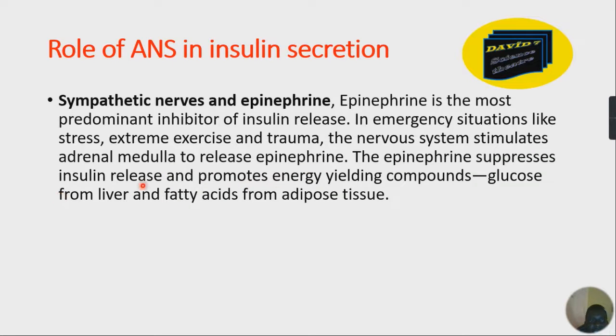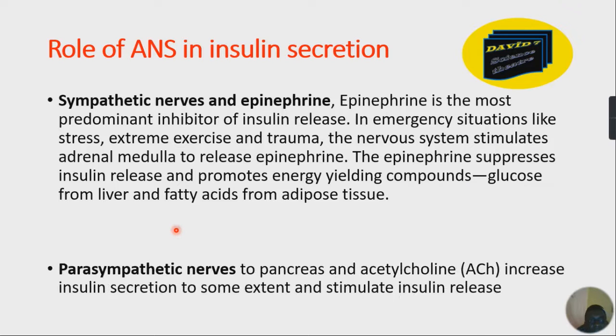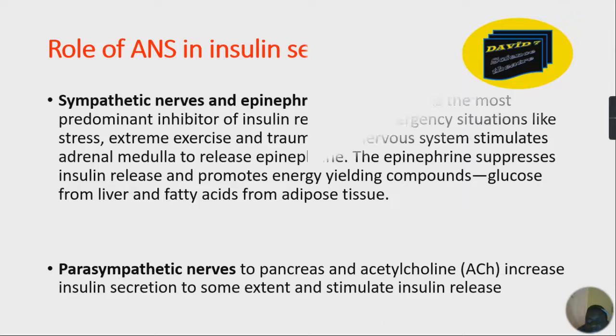Epinephrine suppresses insulin release and promotes energy-yielding compounds like glucose from the liver and fatty acids from adipose tissue. Now, parasympathetic nerves to the pancreas and the acetylcholine released will increase insulin secretion to some extent and stimulate insulin release. Okay, let's continue.